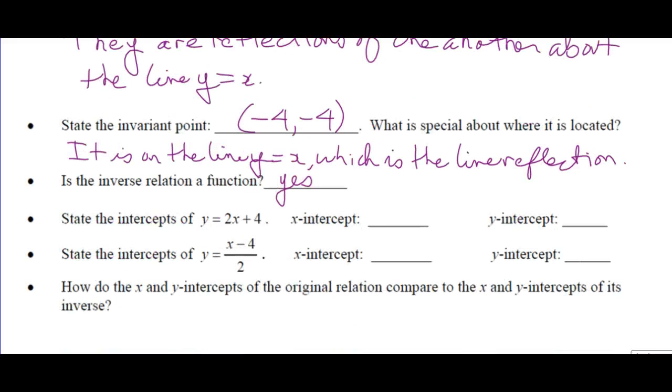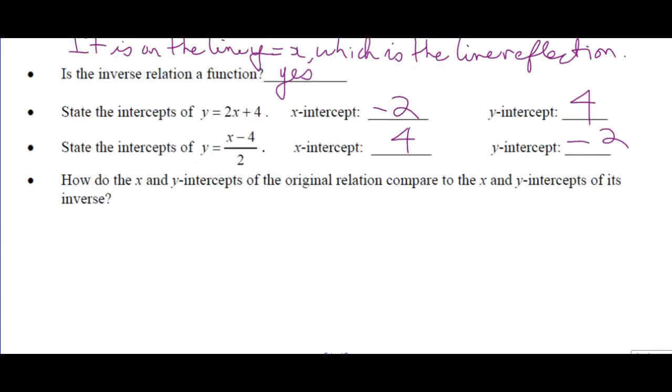Okay, so x-intercept is negative 2, y-intercept is 4. What's the x-intercept of y equals (x minus 4) over 2? 4. And what's the y-intercept? How do the x and y-intercepts of the original compare to the x and y-intercepts of the inverse?